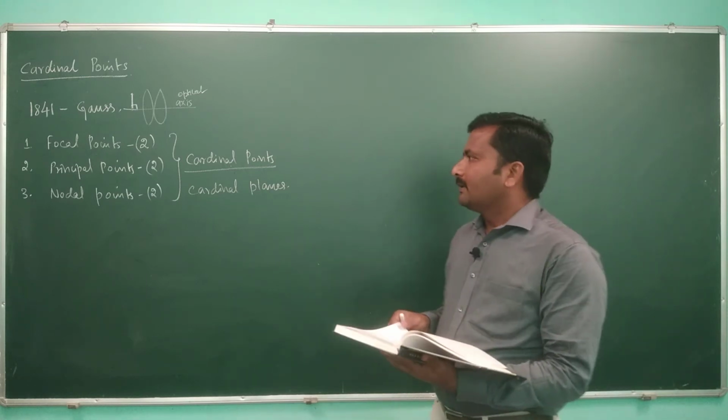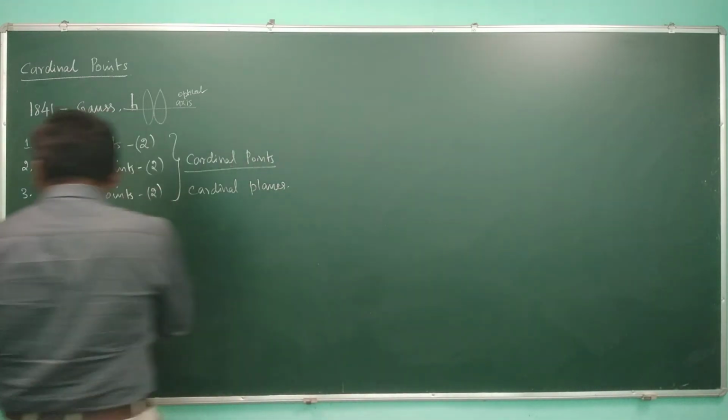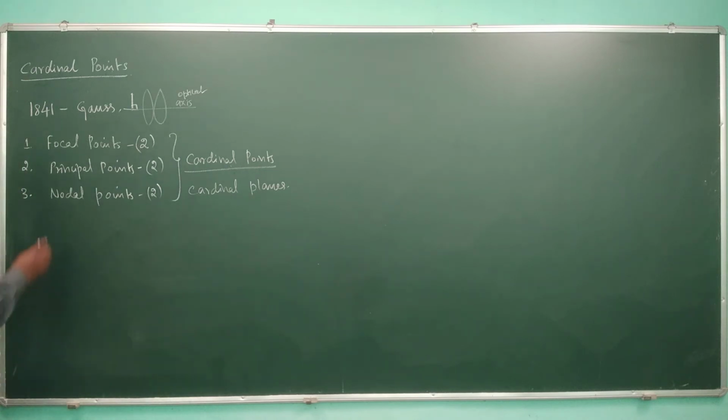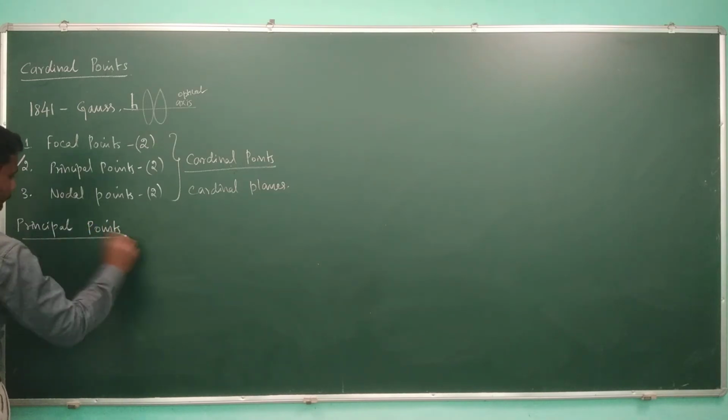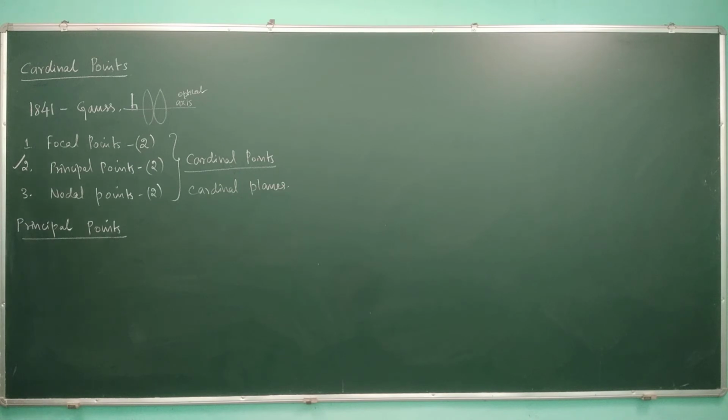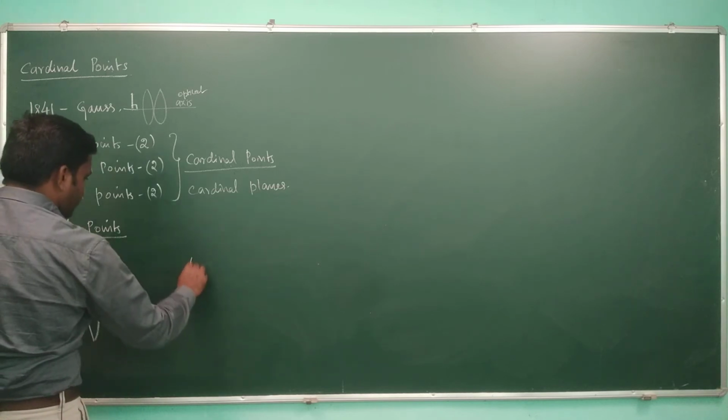Okay, fine. First, let us start from principal points. In order to define principal points, let us consider two small lenses.